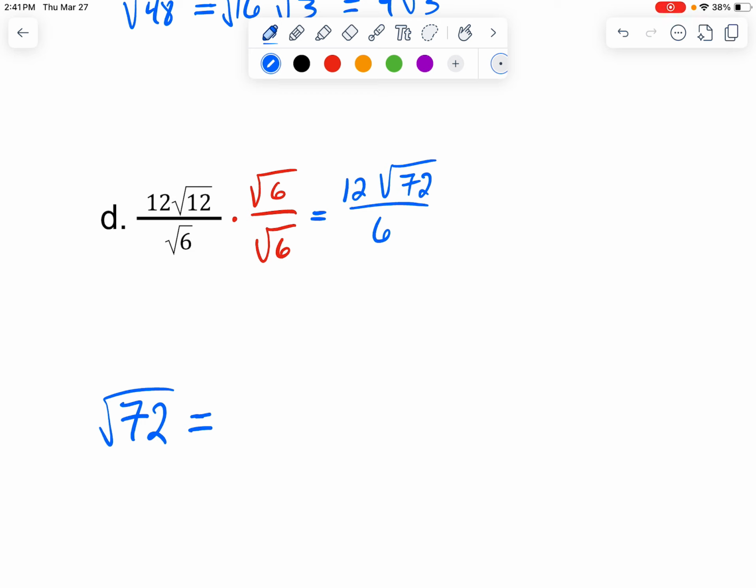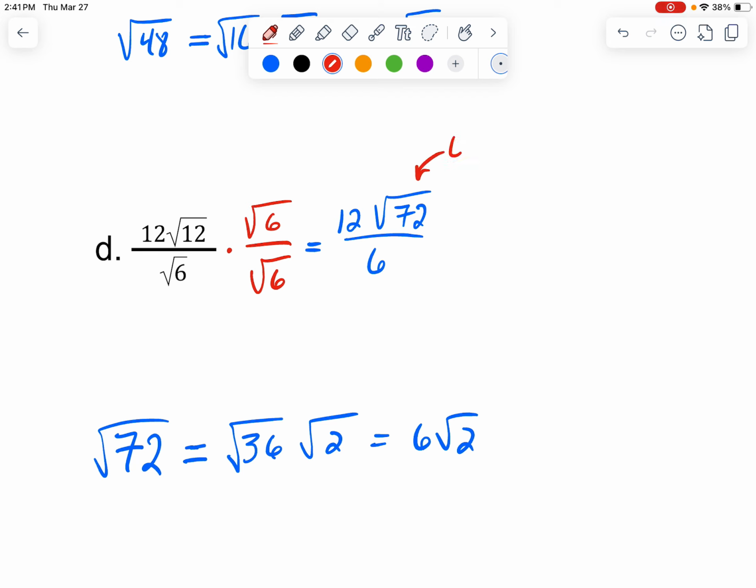So if you're going perfect square route, the largest one is going to be 36 times 2. Which is the same as 6 times the square root of 2. So again, I'm just going to replace this with 6 times the square root of 2, which means I've got 12 times 6 times square root of 2 over 6.